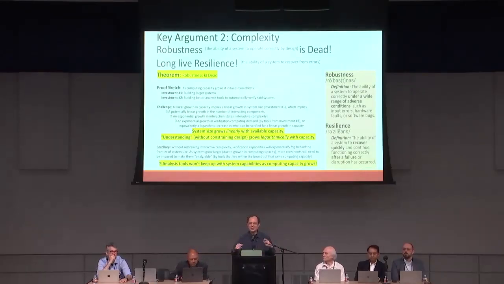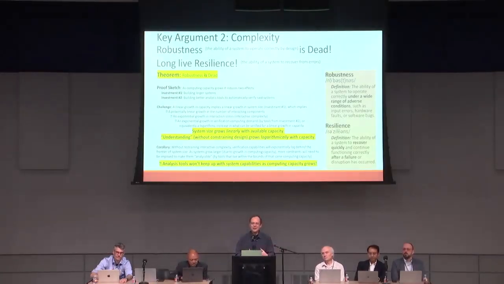If you have n components, there are 2 to the n possibilities of interaction. And therefore, the amount of effort you need to put into understanding all the possible interactions and their implications also grows exponentially. And so you have this exponential demand on verification for linear growth in capacity.